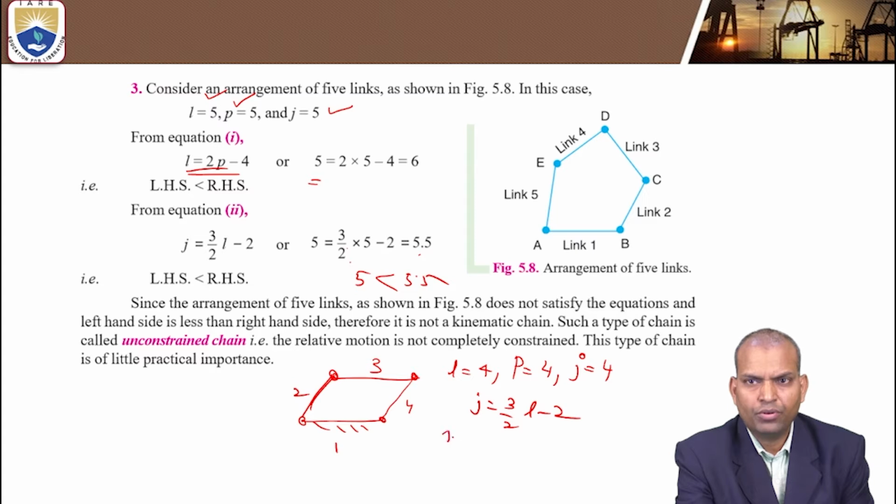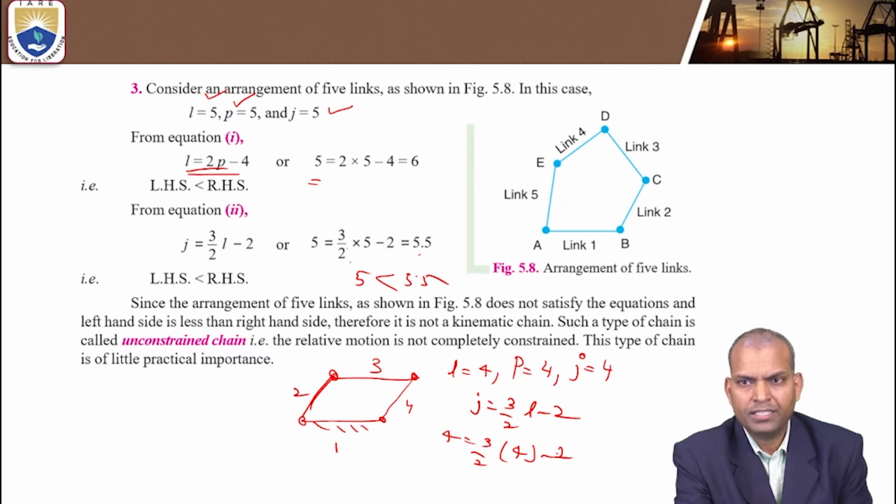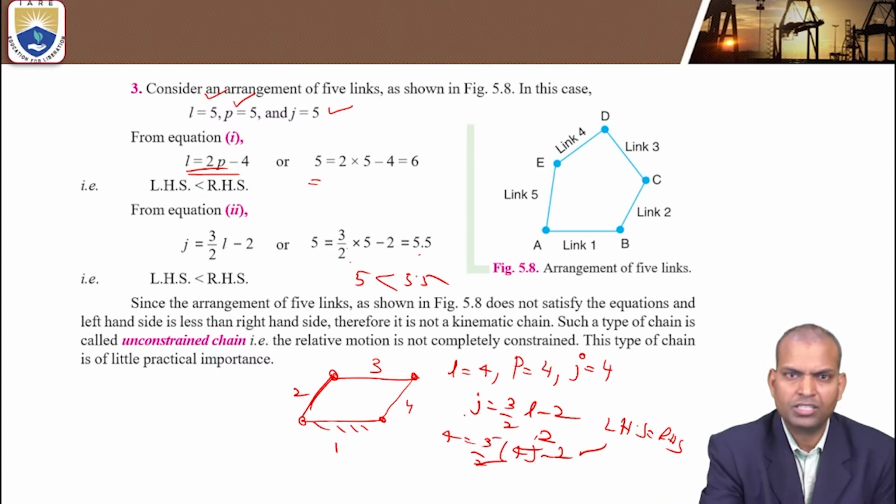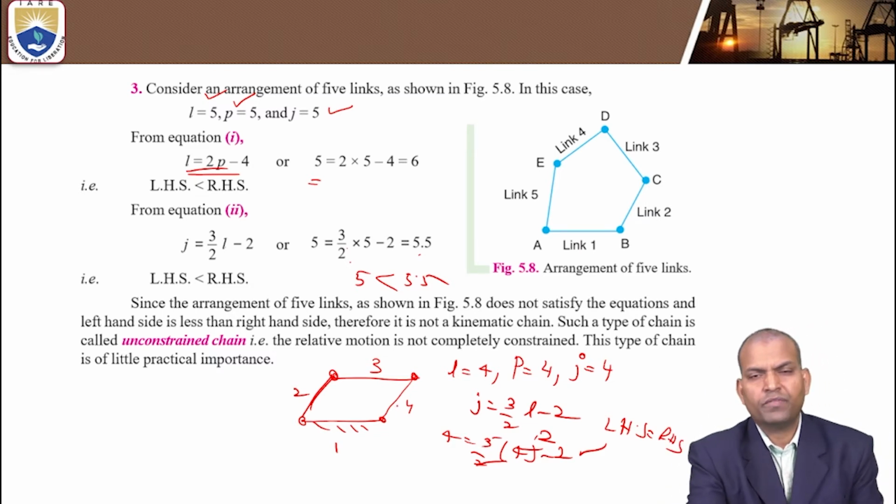What is J? 4. 3 by 2 times L is 4, minus 2. Yes, again it is satisfied. That is LHS equal to RHS. 4 equal to, because 2 times 3 is 6, 6 minus 2, 4. That is LHS equal to RHS. That means both equations are satisfied. Then that's why it is called a kinematic chain.